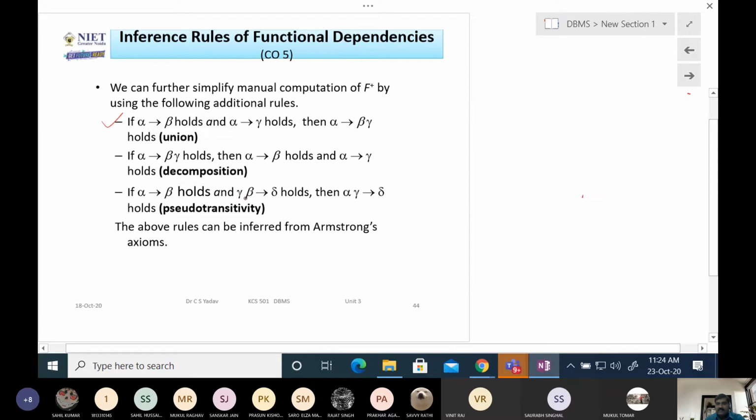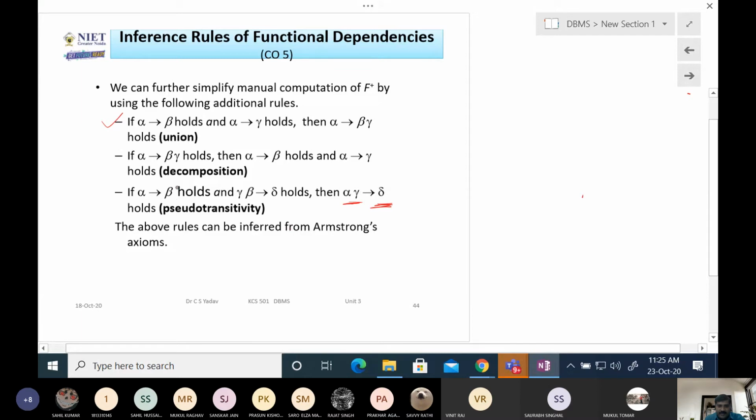It is just like the transitive rule but not the transitivity rule. If alpha determines beta holds and gamma beta determines delta holds, then we can replace this beta with gamma, so alpha gamma determines delta, which means alpha determines delta with the help of these.